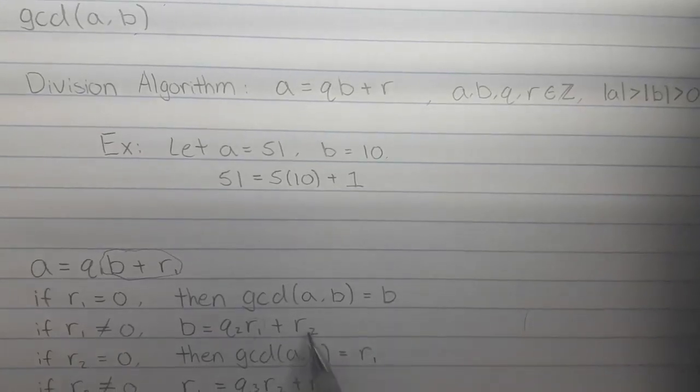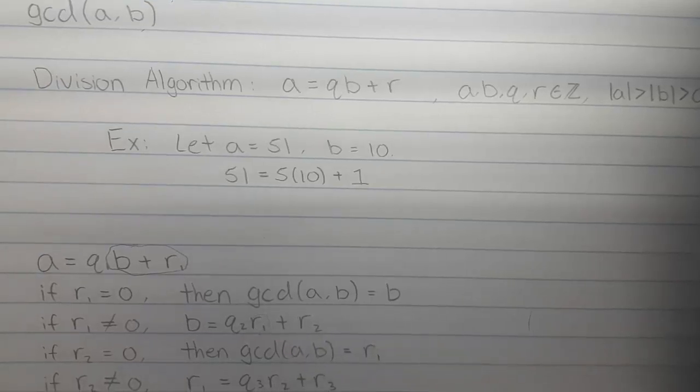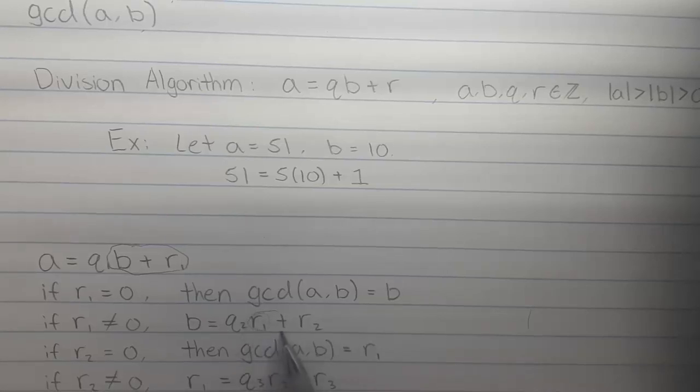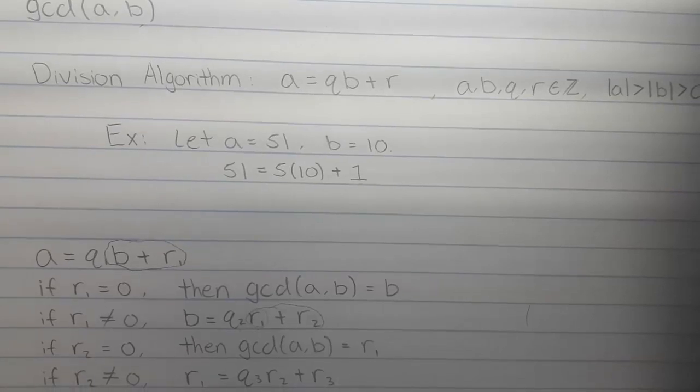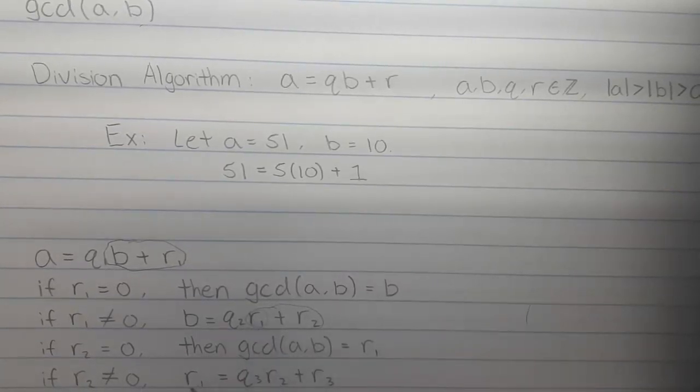However, if R2 is also not equal to 0, then we apply the same pattern again. So this time we get the division algorithm for R1 and R2. Now R1 is the new A and R2 is the new B. So the formula would be R1 = Q3R2 + R3, where R3 is the new remainder.